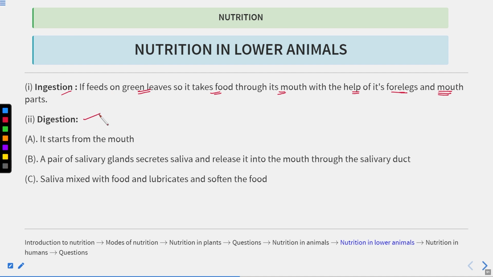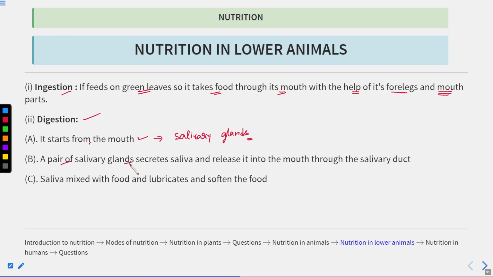Second is digestion. Digestion in grasshopper starts from the mouth. The mouth consists of what? We have already discussed salivary glands. Salivary glands consist of enzymes which help in the digestion of carbohydrate.